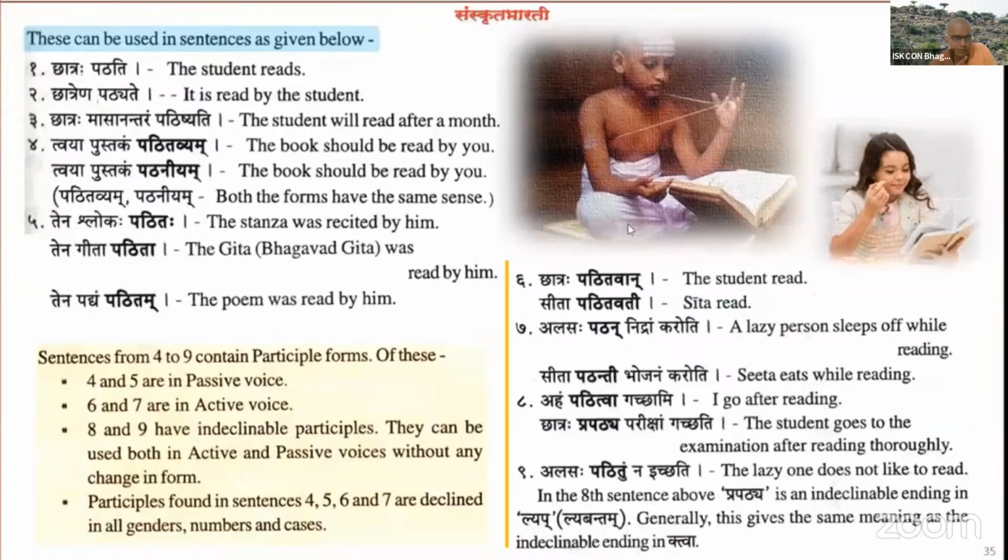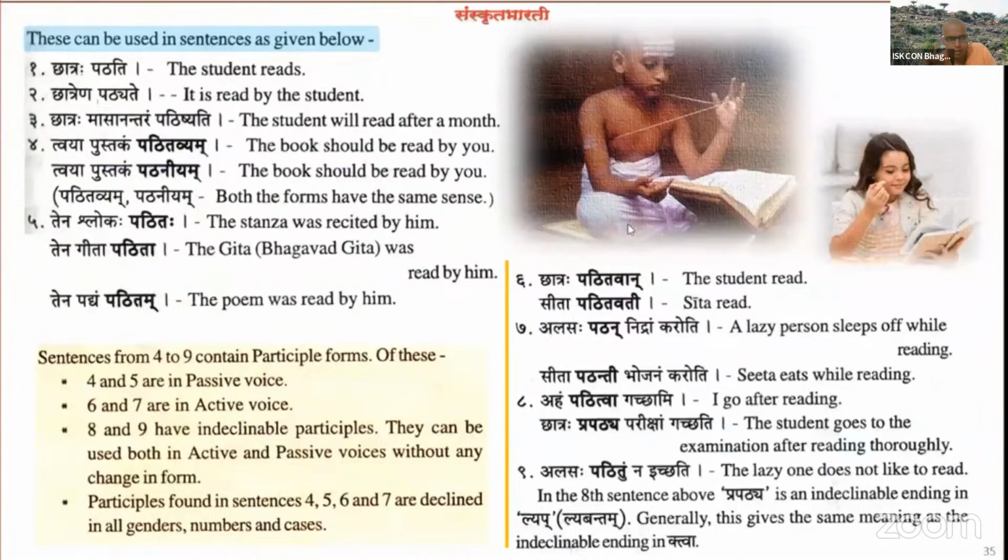So sentences 4 and 5 are in passive voice. Tavyam, patitavyam is the word. When these words come, patitavyam and pataniyam, then the sentence will be in passive voice. Passive voice means karmani prayoga.